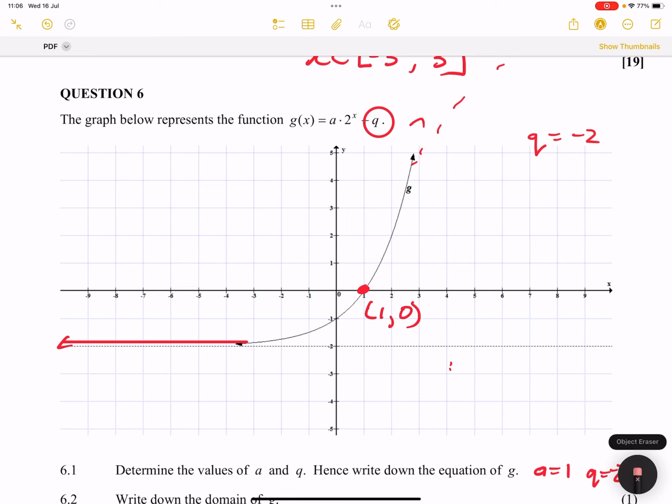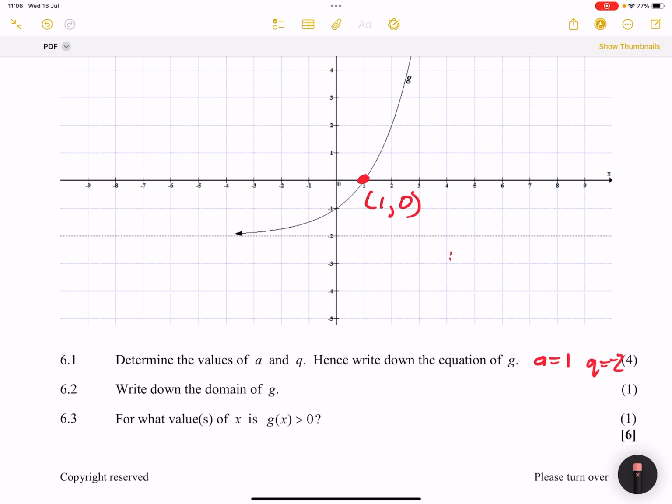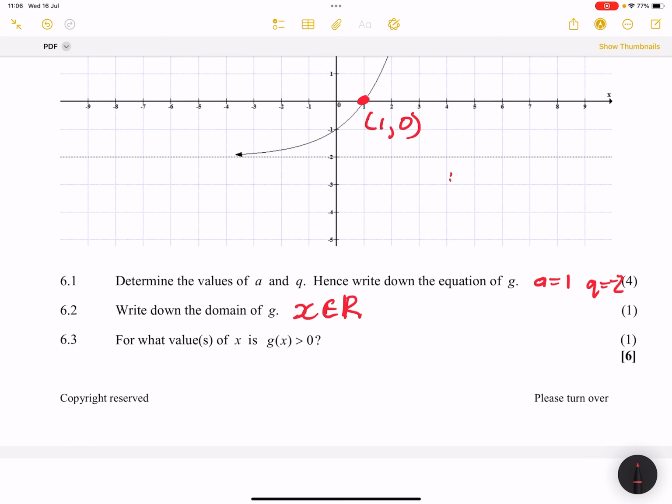So for this graph, the domain of this graph, it exists for all values of x. So x would be an element of real numbers. Okay, right. There is no asymptote in terms of the x's, right? So the x values, that is.